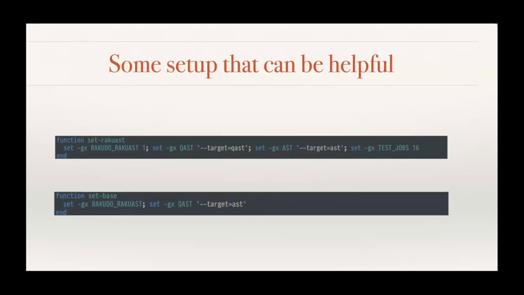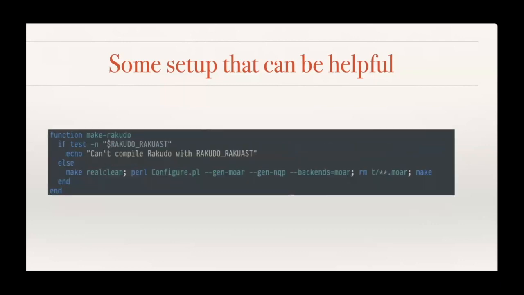And yeah, basically the idea here is you have two tabs. One is your base and one is your RakuAST, and you compile in base because we can't currently compile core setting with RakuAST. So you're compiling in base, double checking your logic with base, and you have a tab dedicated to all your RakuAST invocations.